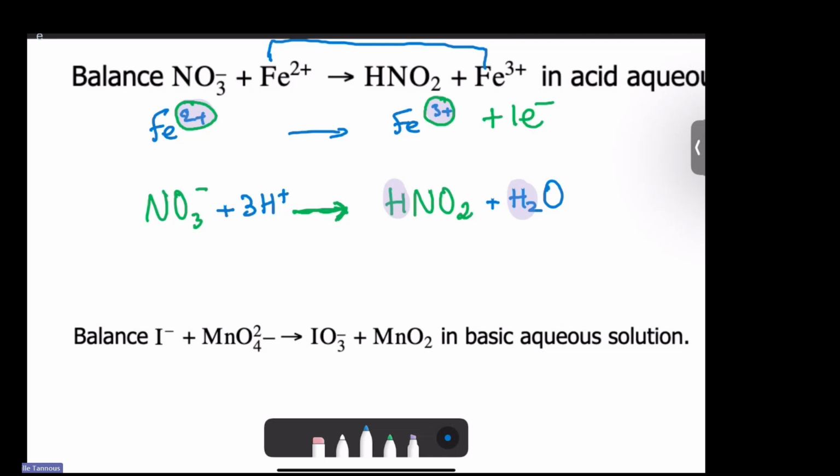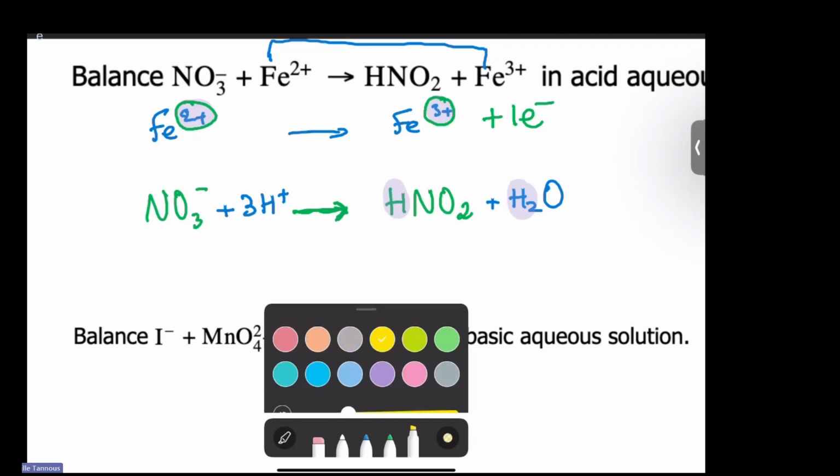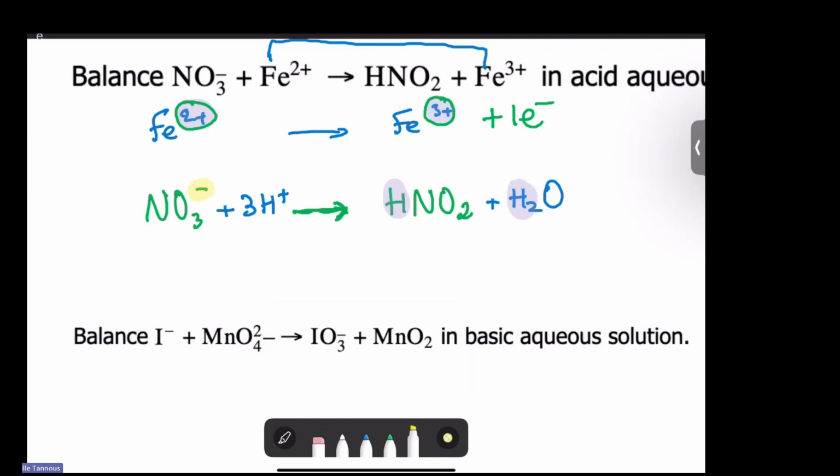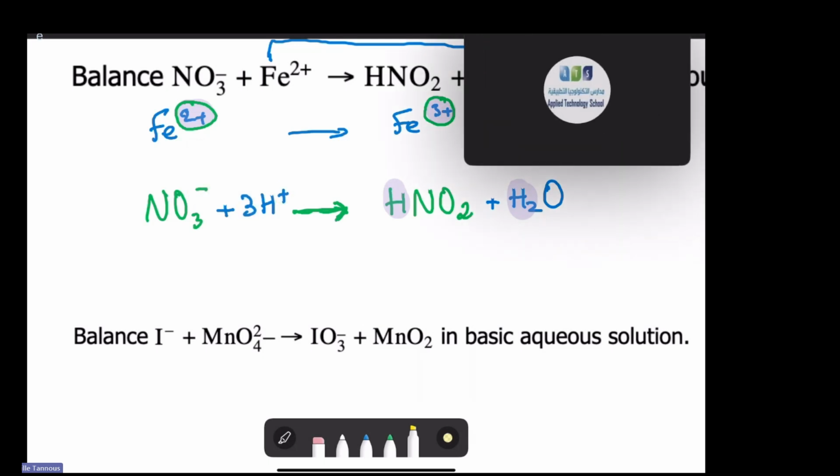Now N is balanced, O is balanced, H is balanced. Now it's the time to balance the charges. Here I have 1 minus and 3 pluses. Don't forget the 3. 3 pluses and 1 minus.